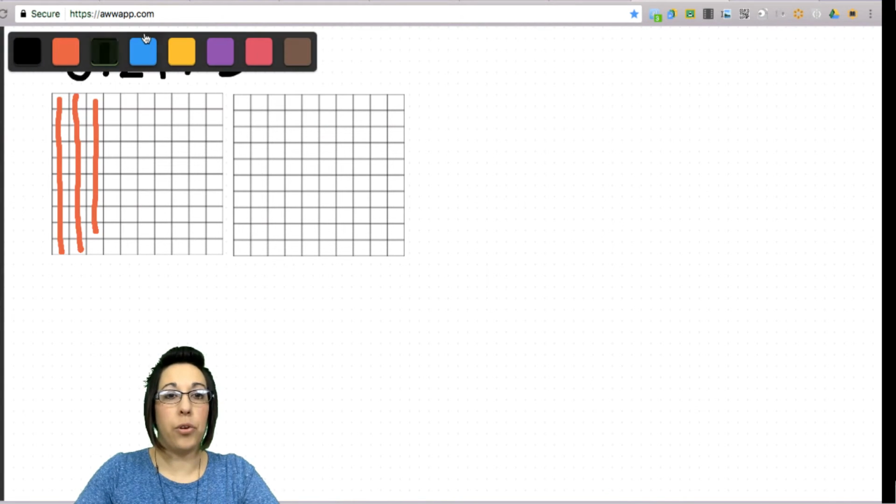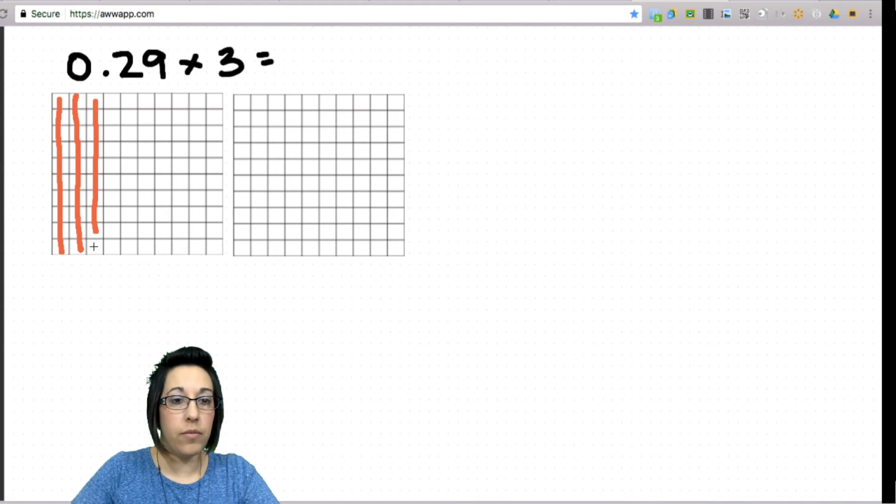That's one group of 29 hundredths. 1 plus 10 is 11. Plus 10 is 21. So that means I need 8 more out of this row to make 29. 10, 20, 28, 29.